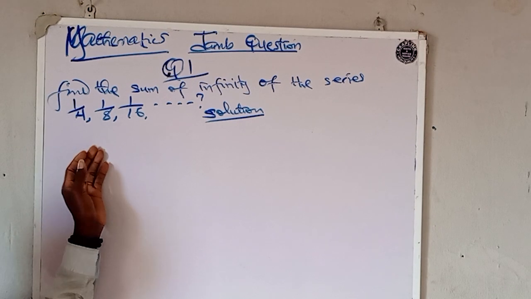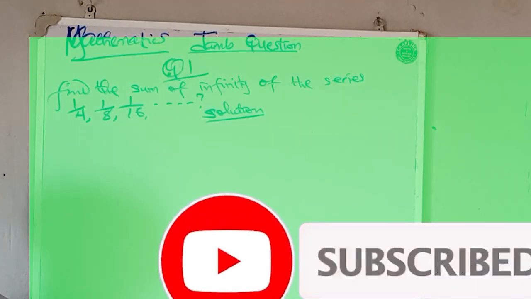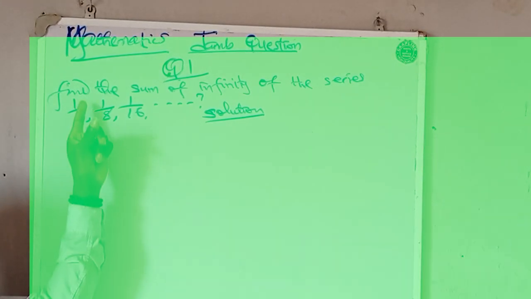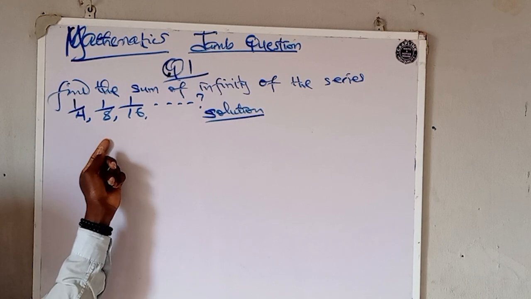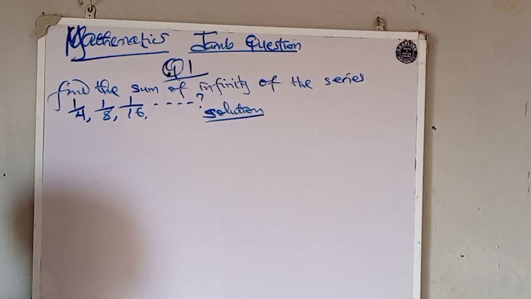You are given the question: find the sum to infinity of the series. The series is 1/4, 1/8, 1/16, and so on. What will be the sum of the series?